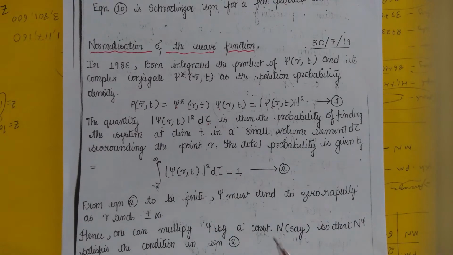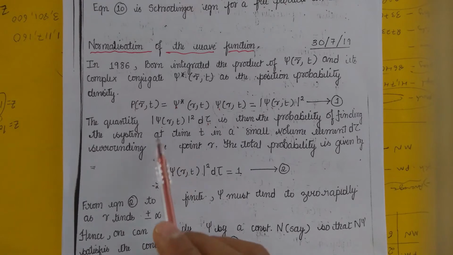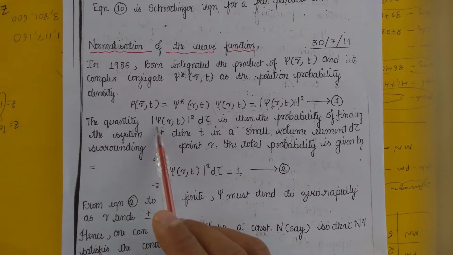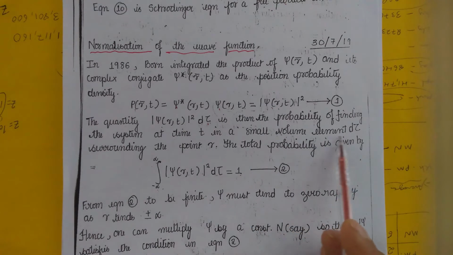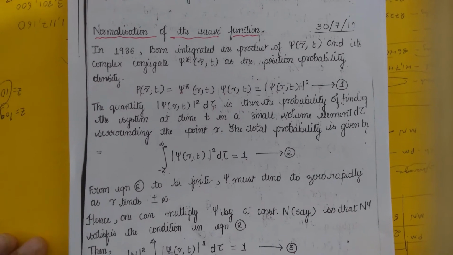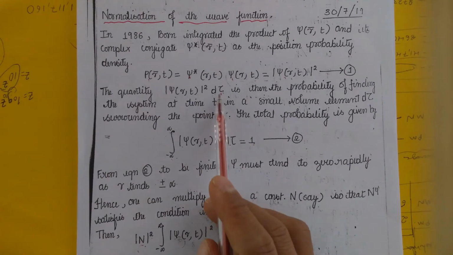Now if we want to find the probability of finding the particle over a small volume, it is given by this expression, where d tau is the small volume element. Once we know the small volume, we can also find the total probability.